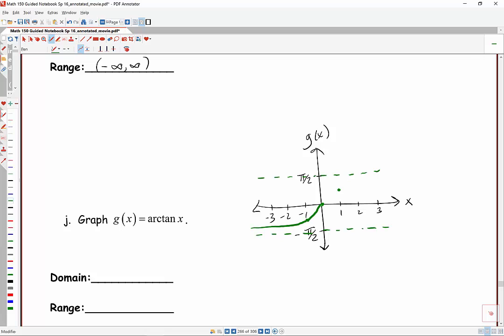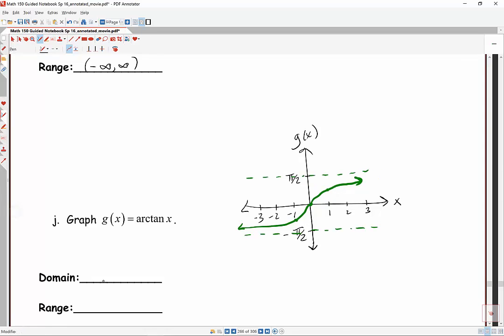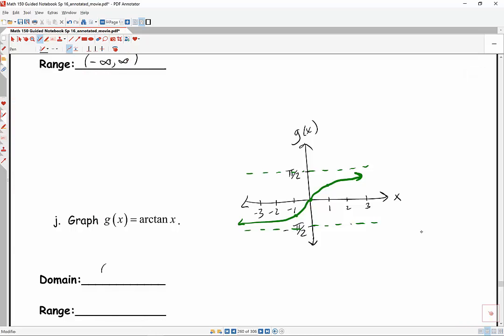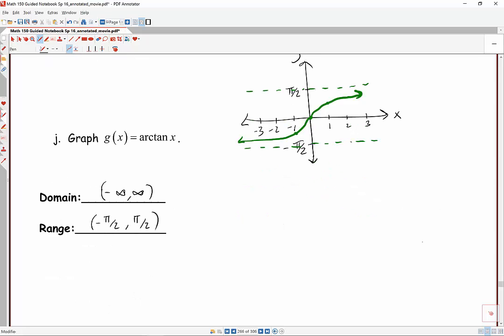Okay? So the domain is going to be negative infinity to infinity, and our range will be from negative pi over 2 to pi over 2 non-inclusive. All right, last set. Here we go.